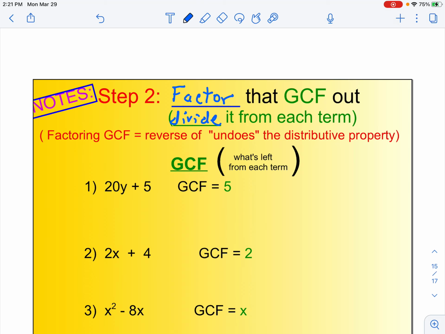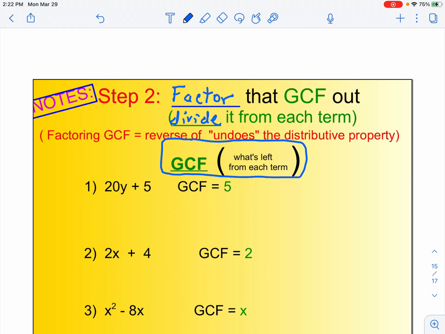And so the format that we're left with for our factoring process is our GCF is on the outside of the parenthesis, and what is inside the parenthesis is what's left after we divide by that GCF. So factoring the GCF really reverses or undoes the distributive property.